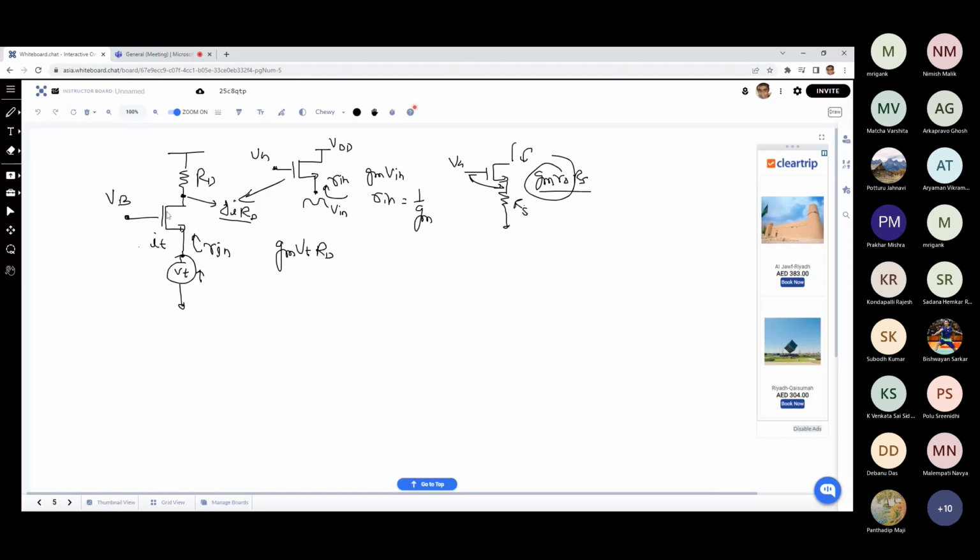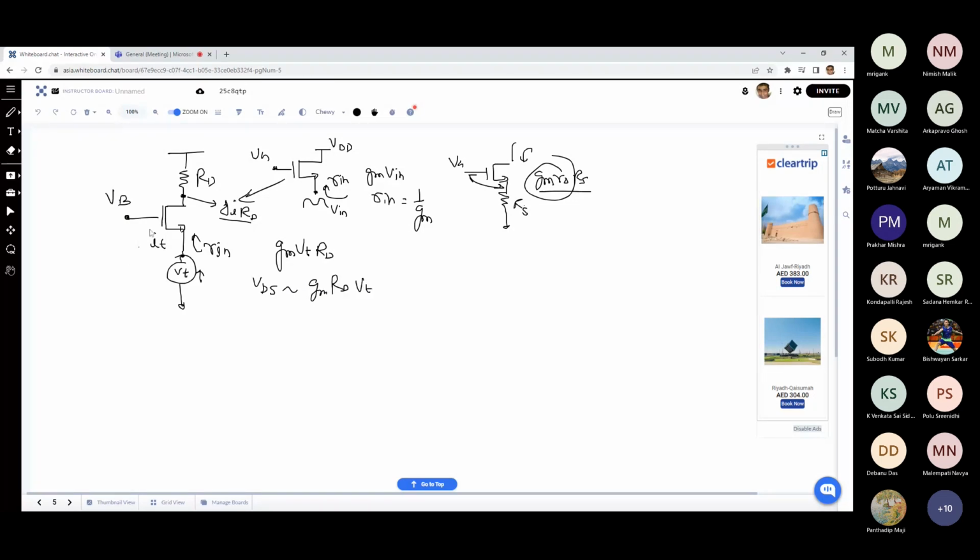And therefore, if you look at the VDS, we are getting almost VDS equal to GMVT-RD. If I assume that GMRD is much larger than 1, then the overall VDS change is approximately equal to GM into RD into VT.